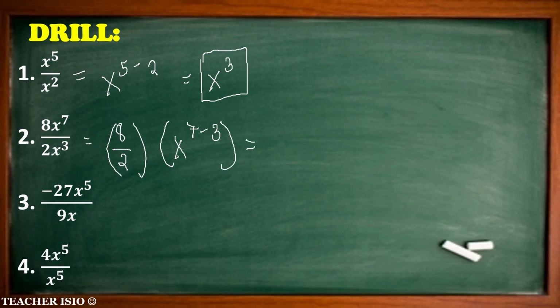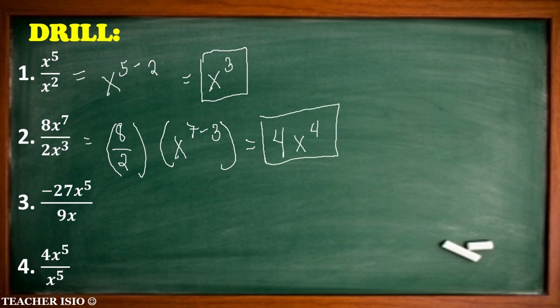So let's simplify. What is 8 over 2? We have 4. What is 7 minus 3? We have 4. So we have x raised to 4. So the answer is 4x raised to 4.